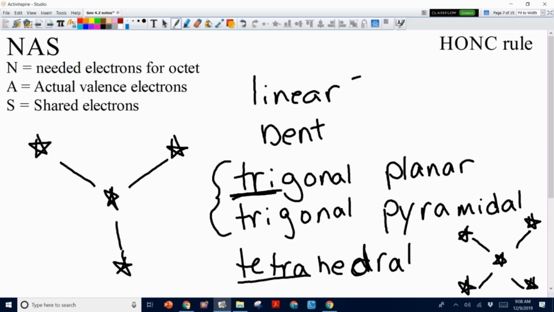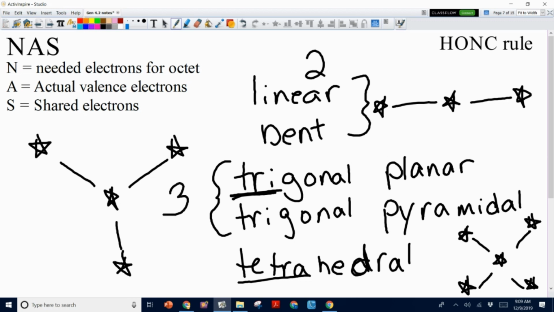And on these two, linear and bent, the name doesn't help you here, but you have 2 things attached to a center atom. So on all of these, we're going to have one element in the center, and then things attached to that center. Linear and bent, 2 things attached. Trigonal planar and pyramidal, 3 things attached. And tetrahedral, 4 things attached.